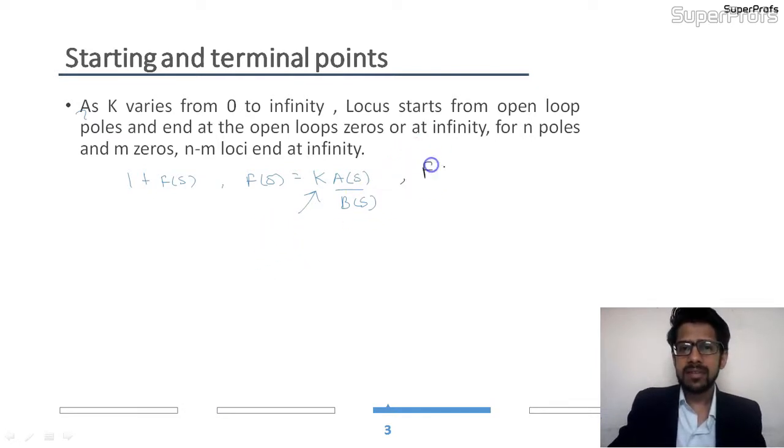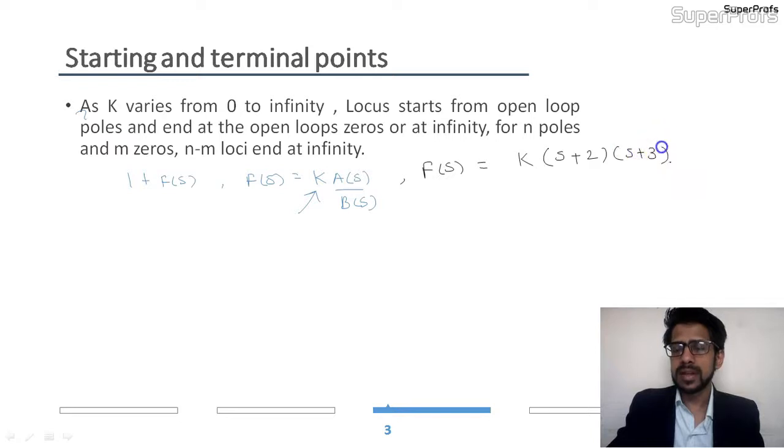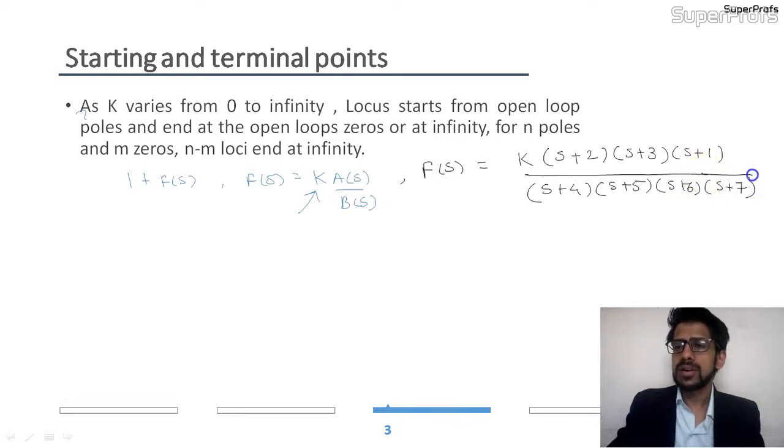So let us say we have f of s is equal to k into s plus 2, s plus 3, s plus 1, and if we have some poles as s plus 4, s plus 5, s plus 6, s plus 7. So we have three zeros, and we have 4 poles.